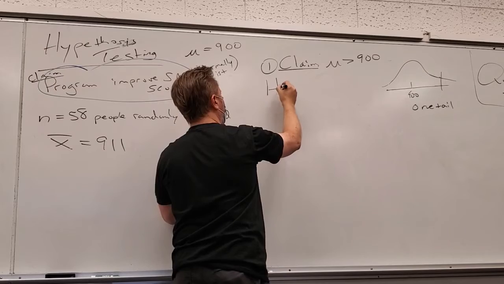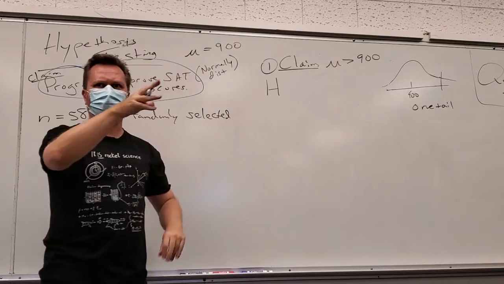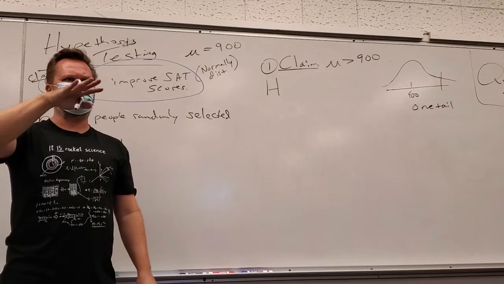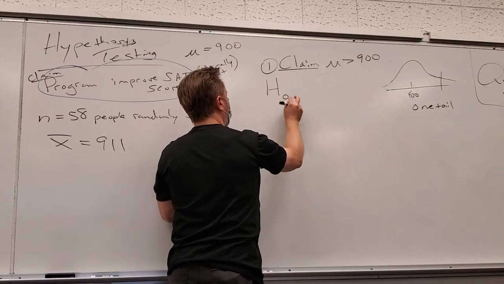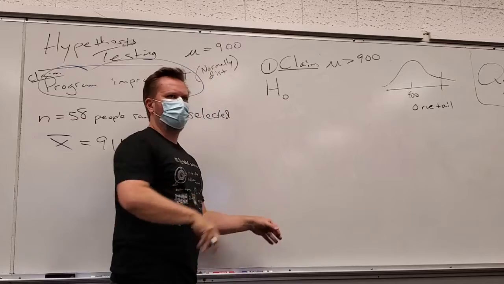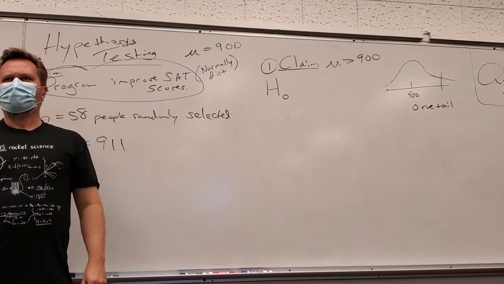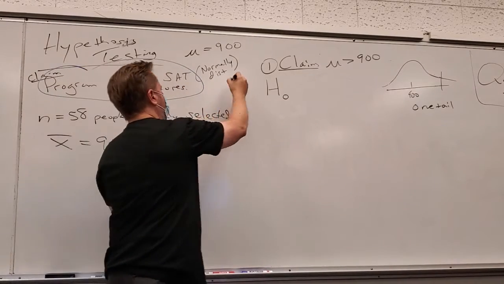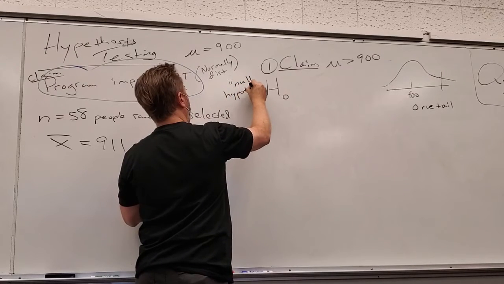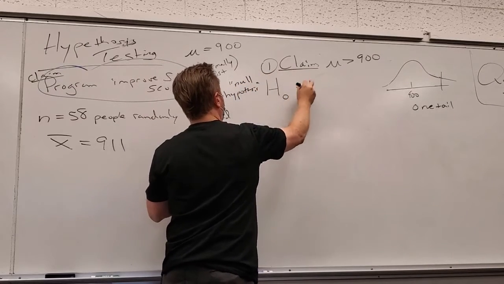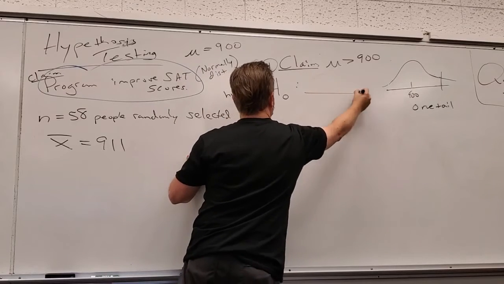One thing: we're going to use big H for hypothesis. Big H means hypothesis. One of the hypotheses, we're going to call it the null hypothesis, with a little zero. So this is the null hypothesis. We're going to fill that in a minute; there's going to be something that goes here.